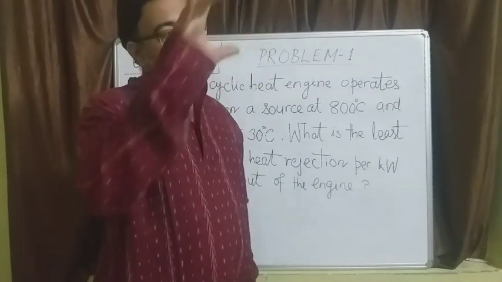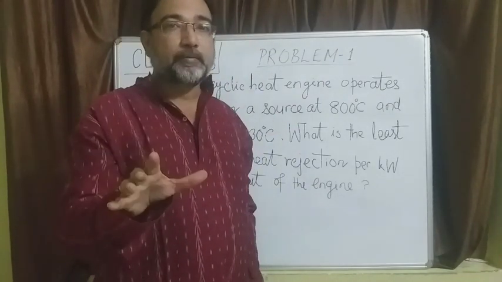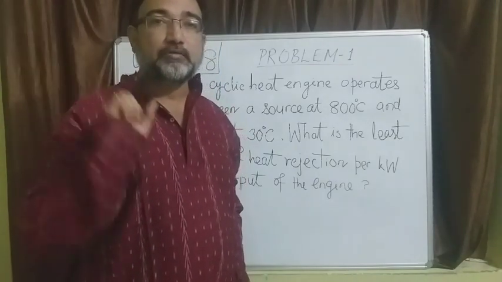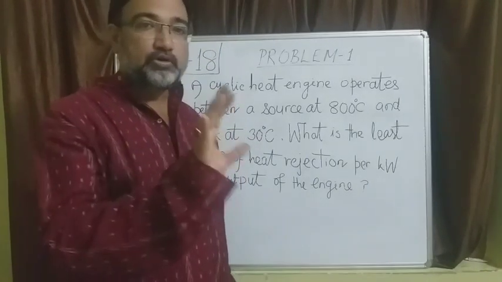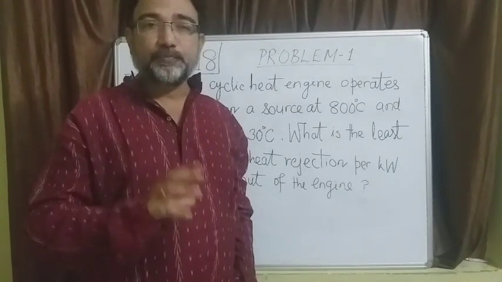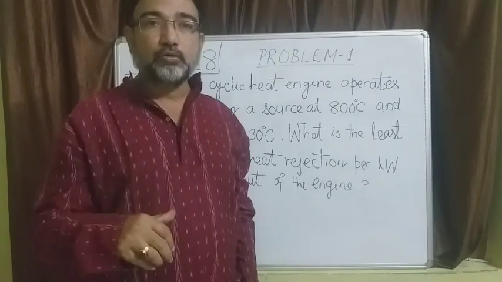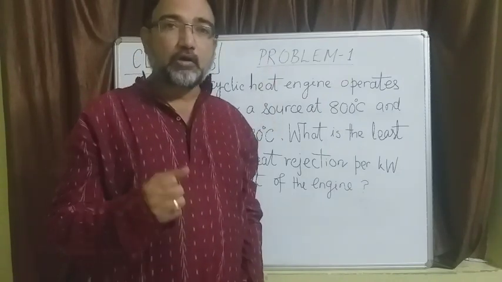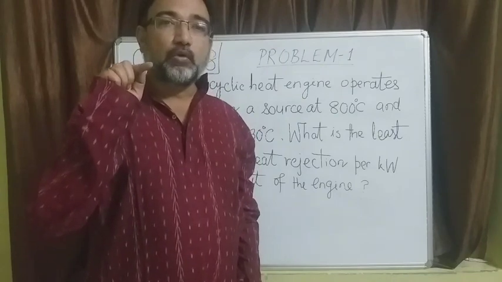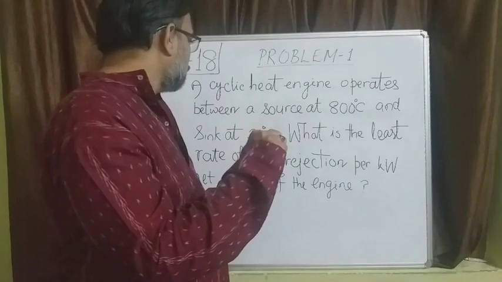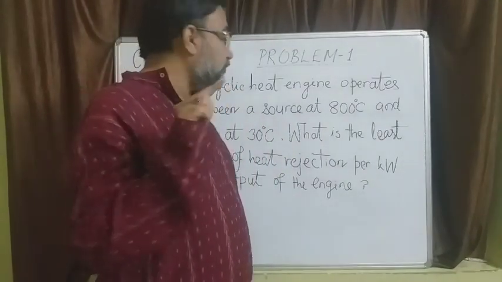So if you recall the schematic of an engine, there is a term Q1, there is a term Q2 and there is a term called W. Now W is given to you, and which one is the heat rejection, Q1 or Q2? Q2 is the heat rejection, Q1 is the heat supply. Now what should be the heat input to the engine? Sorry, what should be the least rate of heat rejection?